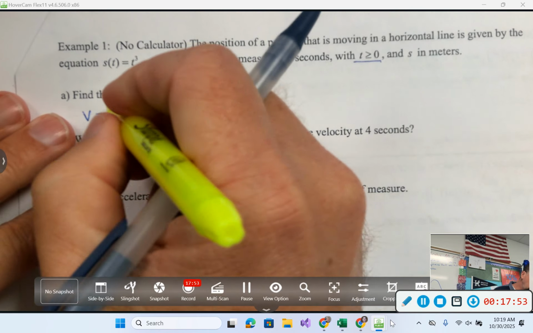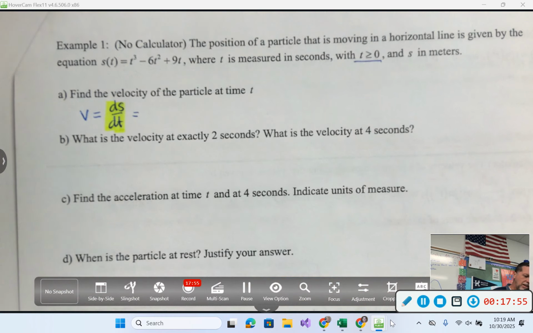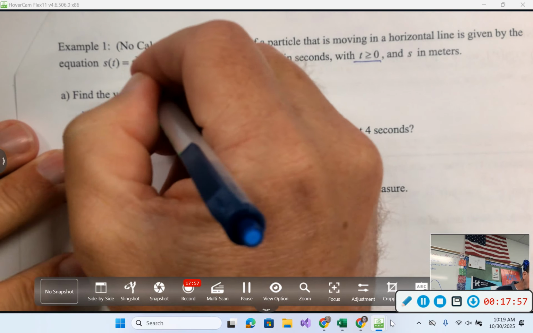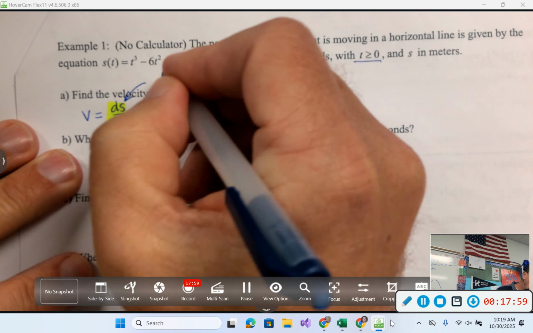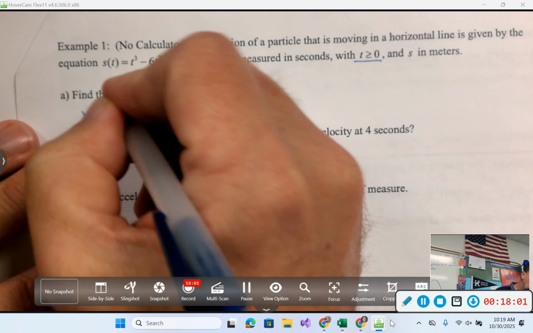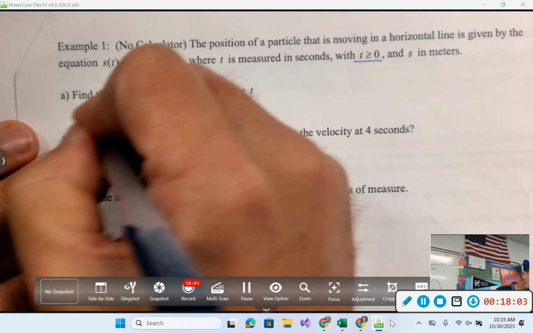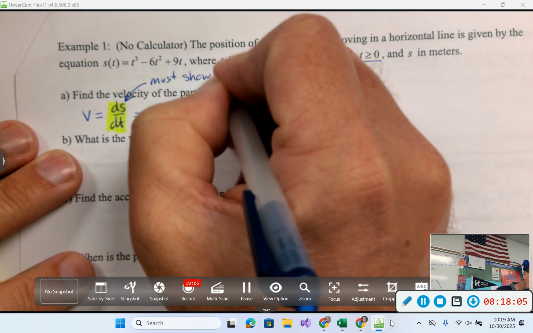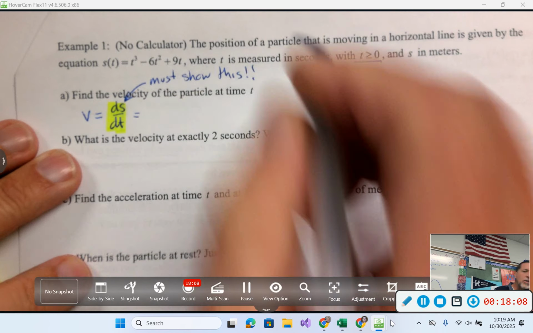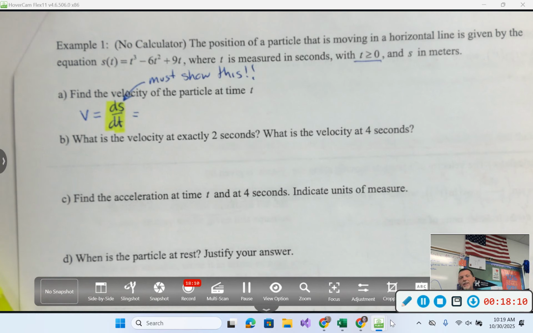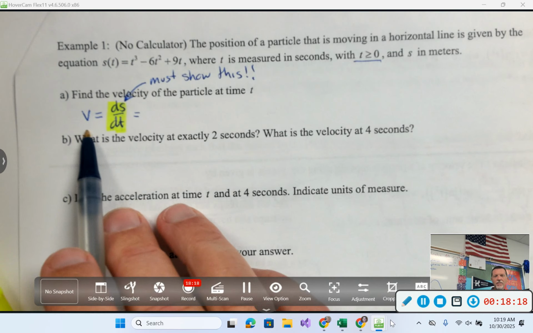And some of you won't like this, but you really won't like it when I take off for it. That's why I'm warning you now. You have to show that v is ds dt. You have to make that statement. I know it's easy, and most of you could jump right past it and just give the velocity, because taking that derivative isn't hard, but you have to say where the velocity came from.